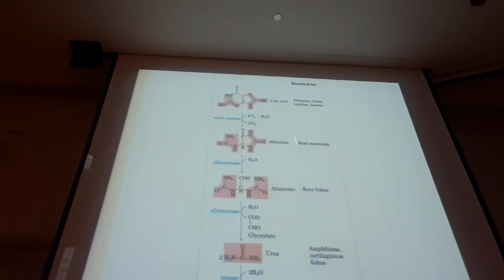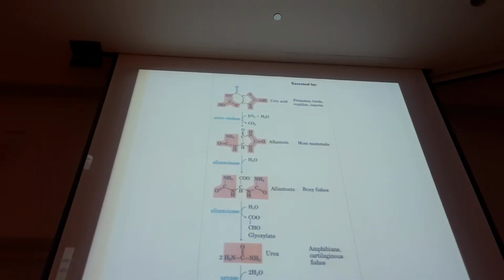But then most other mammals actually produce something called allantoin. And if you compare the structures here of uric acid and allantoin, we see that we cleave this bond between the nitrogen here and the carbon in our six-membered ring. This is done with the help of an oxidase, which also produces carbon dioxide.